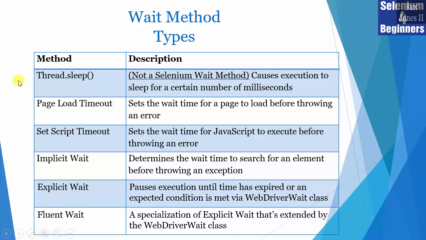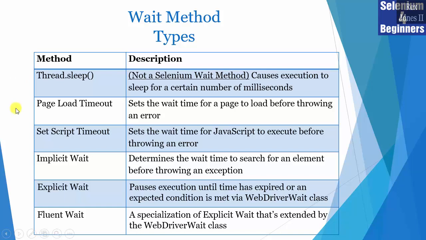For example, if we add a hard-coded value of 5,000 milliseconds, which is 5 seconds, to thread.sleep, a faster machine may render the elements in 4 seconds, but a slower machine may render the same elements in 6 seconds. As a result, the same test script will pass on one machine and fail on another machine.